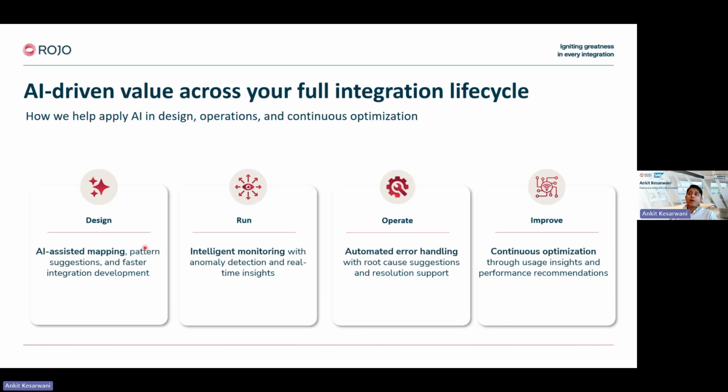We will try to cover different examples there, but you can think of it from the perspective of impacting your design time process, where we are helping developers to build mappings. We are helping the operation teams in monitoring and solving errors. And we would also be talking about how we are improving these interfaces in real time using AI functionalities.